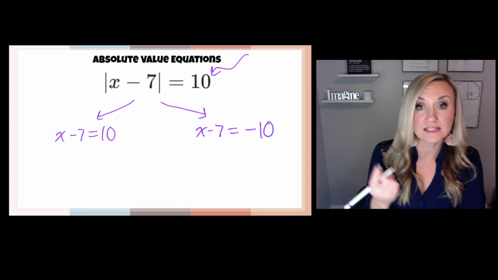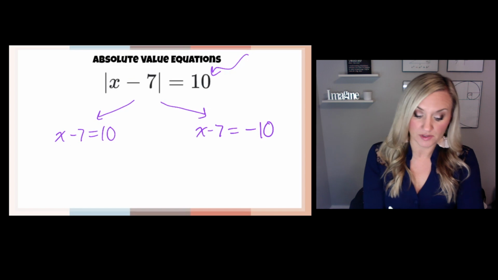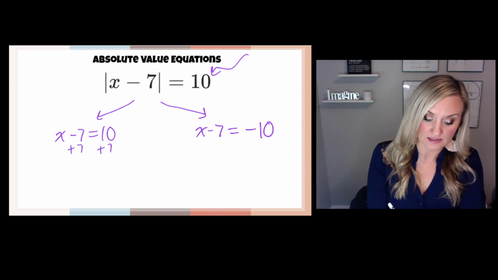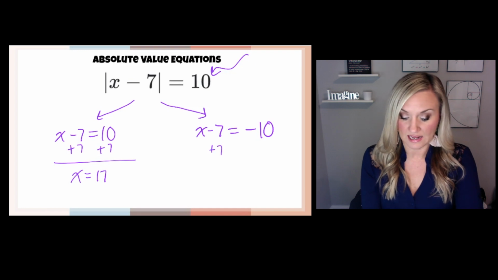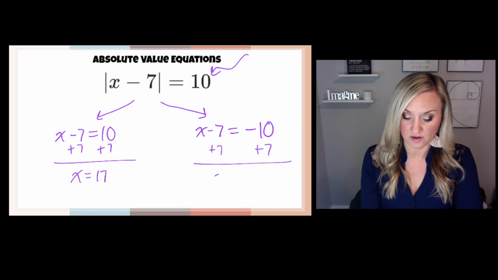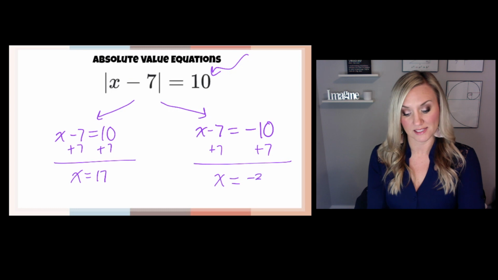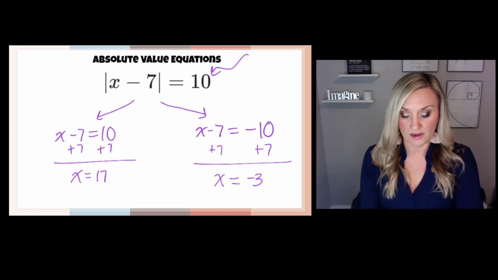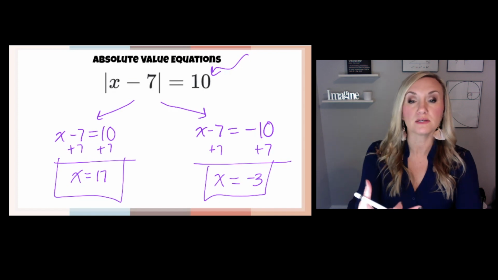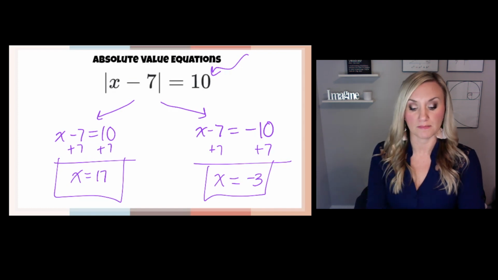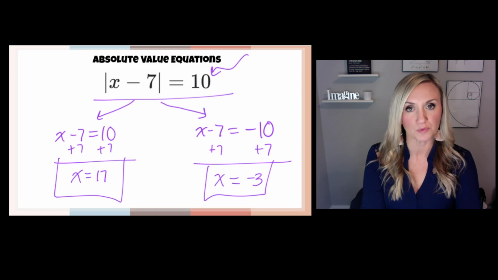All right, so now we can solve them separately. I could add 7 to each side, and x can be 17. And then I can add 7 to each side here to isolate the x, and x is -3. So both of these are 2 possible answers. When I plug them into my absolute value bars, it makes this statement true.